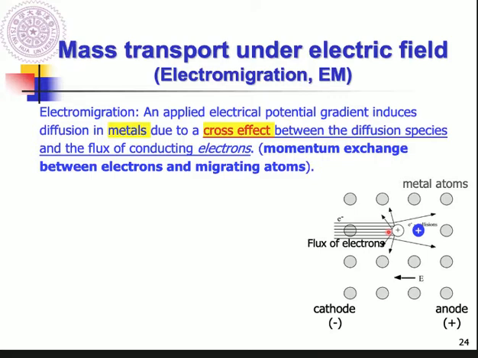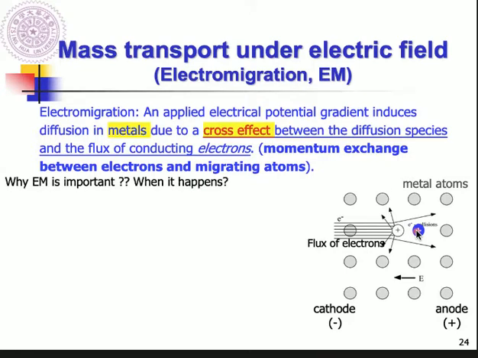This phenomenon, we call electromigration, is the electrical potential inducing mass transport, the metal ion transport, right? And due to what? The electron flow, because of the bombardment between the electrons and the metal ions.